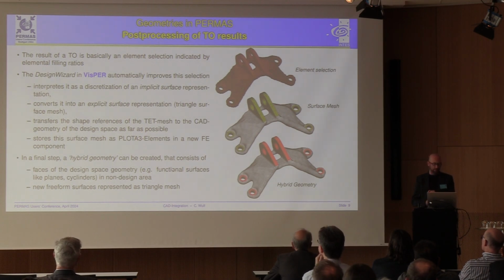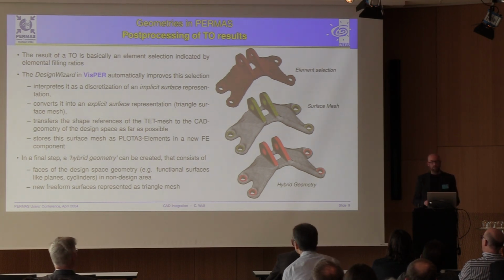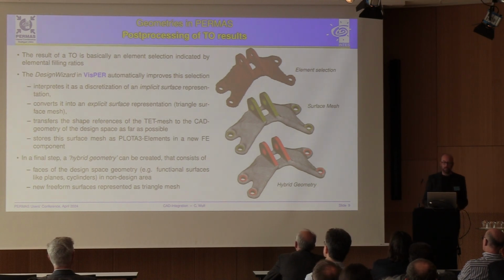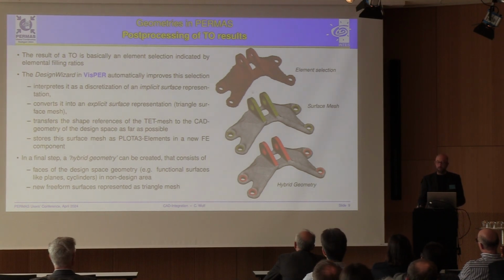What the design wizard in VisPER does is, in an automatic process, it first improves this selection, then interprets this element selection as an implicit surface representation or as a discretization of this, then converts it into an explicit surface representation as a triangle surface mesh, and then also transfers the shape references to the CAD geometry of the design space as far as possible, wherever the surfaces remain constant or are still contained in the final result, for example non-design space areas.